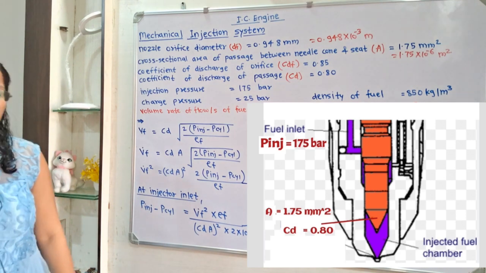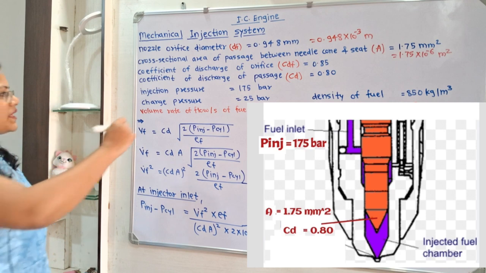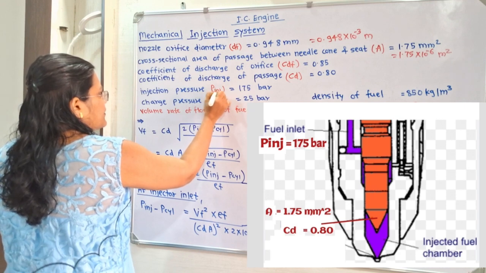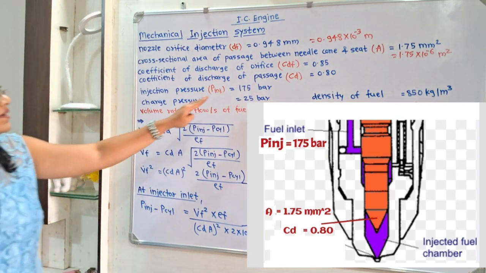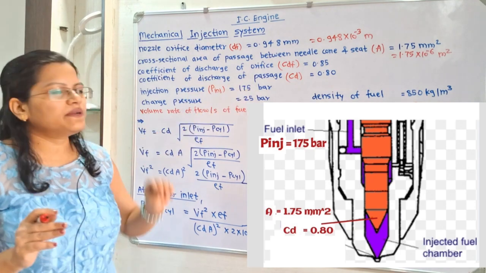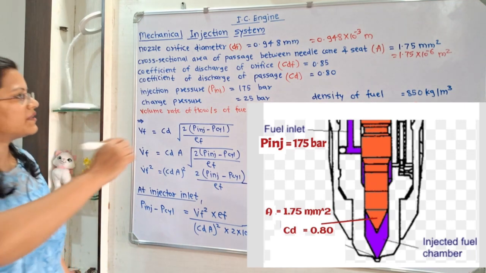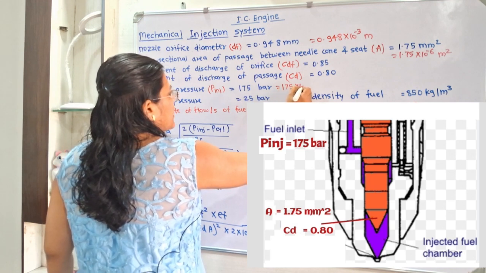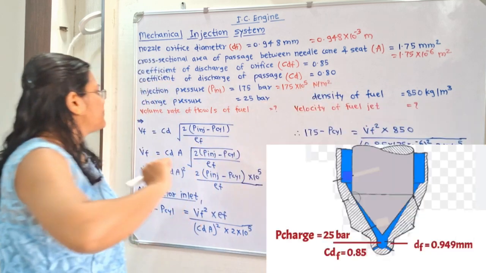Now the injection pressure is 175 bar. So injection pressure, P injection, is 175 bar. The pressure is given in bar, but we know that the standard unit is Newton per meter square, which is equal to 175 into 10 raised to 5 Newton per meter square.